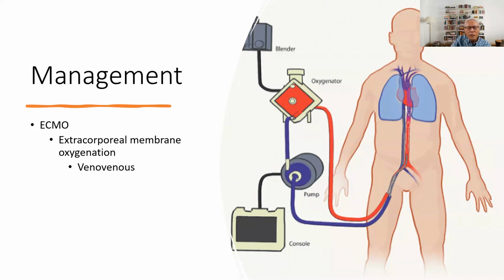So the value of ECMO is that it provides respiratory or cardiorespiratory support for lungs that are failing, or a heart that is failing, or perhaps both. So this is where you would oxygenate the blood flowing through an oxygenator. So this is ECMO, or extracorporeal membrane oxygenation.